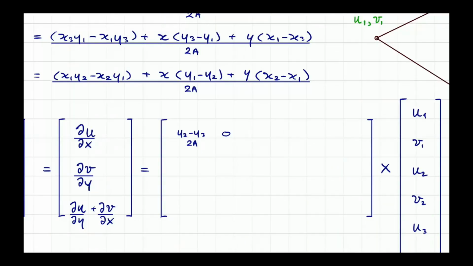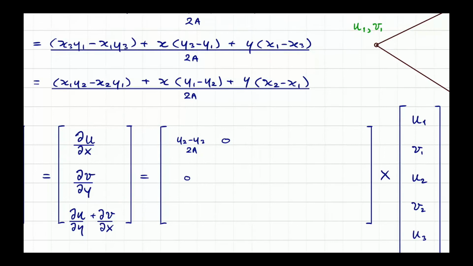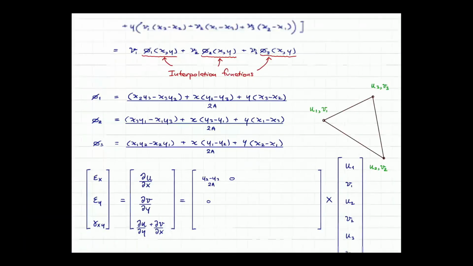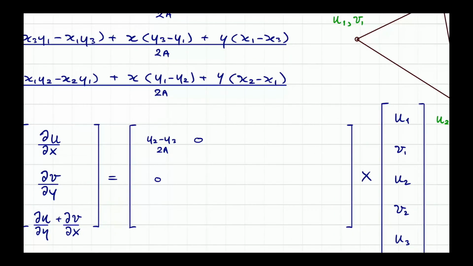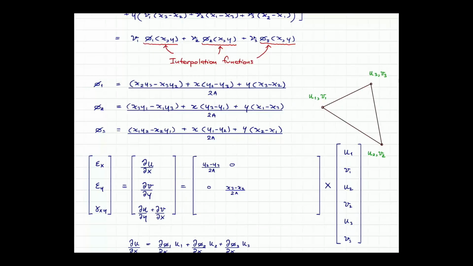Okay, so displacement v, then this has to be 0. And with respect to y, you get x3 minus x2 divided by 2a, which is taken from here.